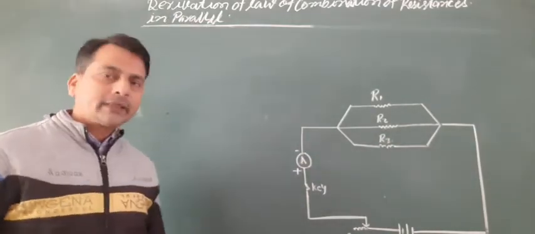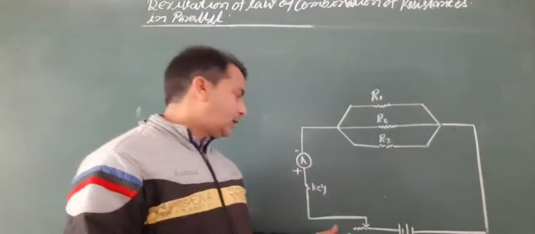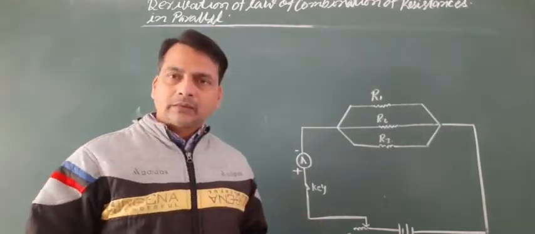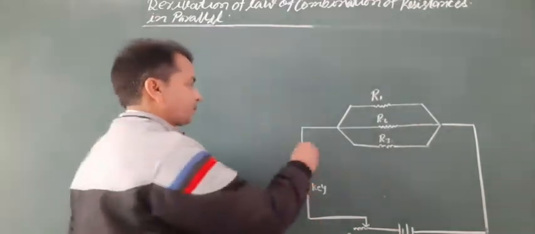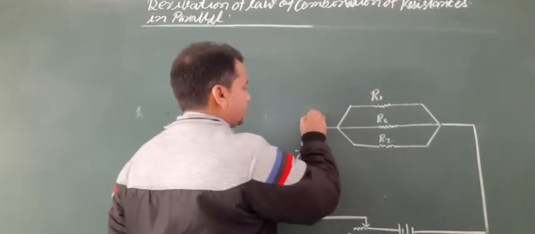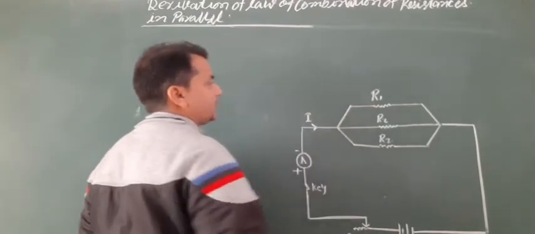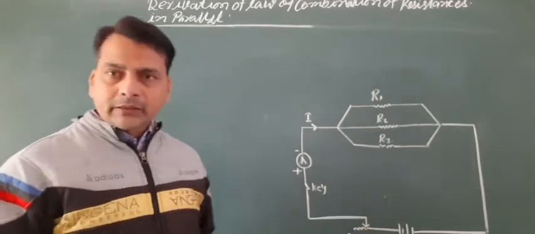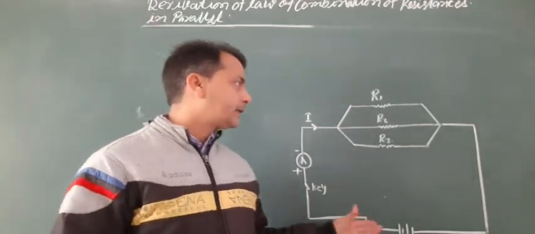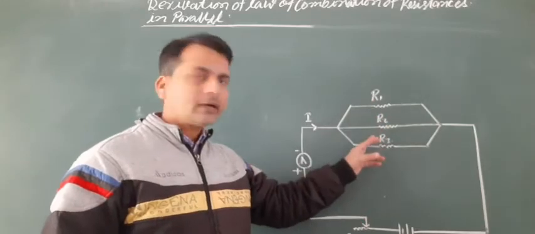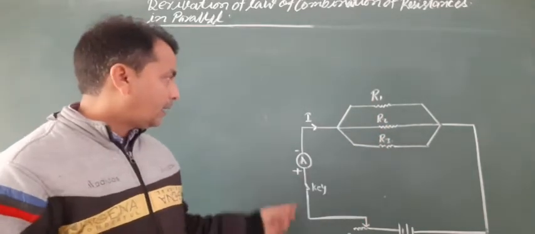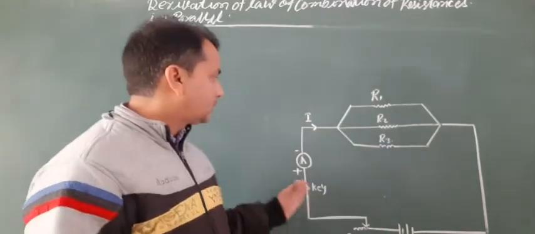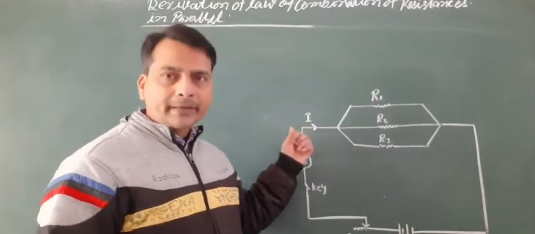Now let us consider that the net current in this circuit is I, the three resistors used are R1, R2 and R3, and the total or net current is I.